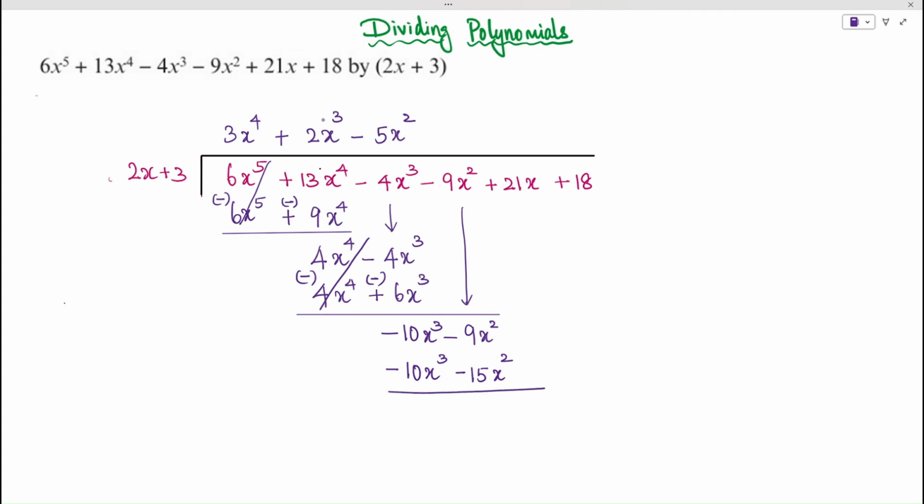We now subtract our second value. So with this we get minus 10x cubed plus 10x cubed, so they both cancel out, and we get minus 9x squared plus 15x squared, and this gives us 6x squared.